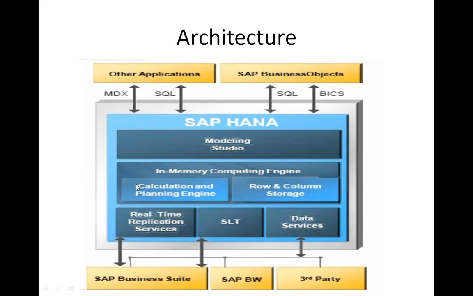This we divided into 3 major sections. First one being the replication part, where you have real-time replication services. We also call that Sybase replication services or log-based replication services. You have the SLT, SAP's Landscape Transformation Server, and you also have data services as another mode for replication.